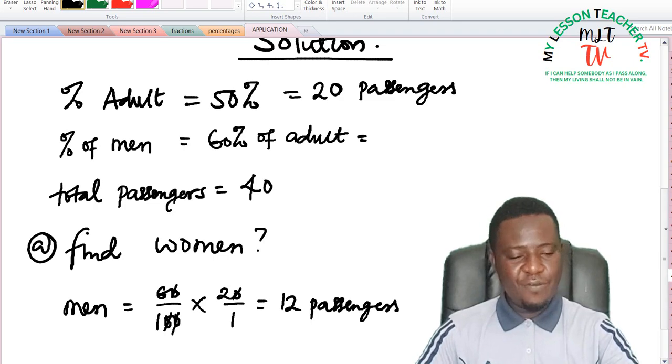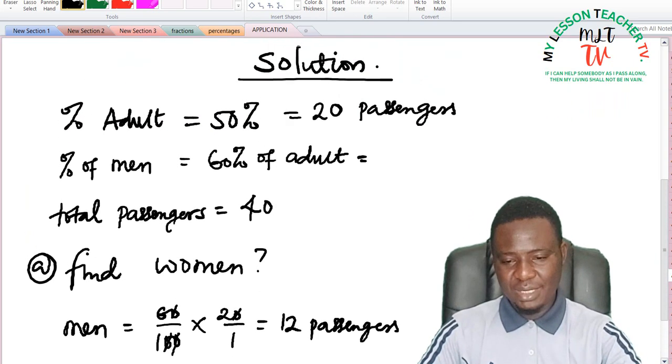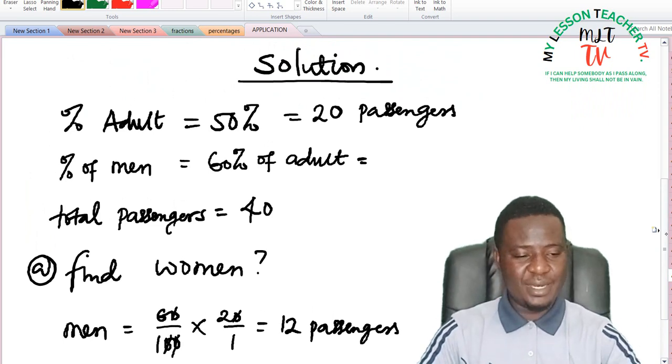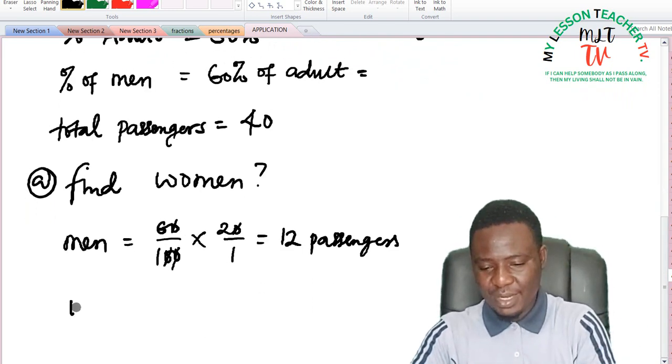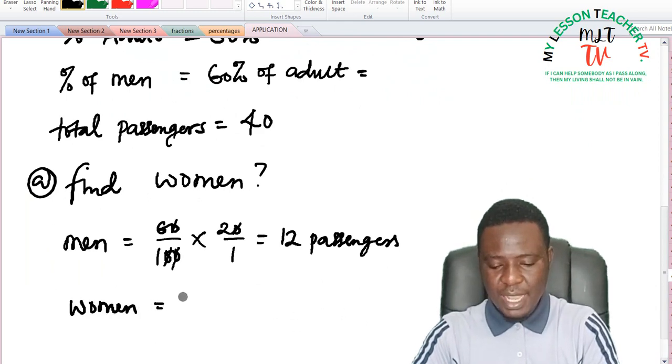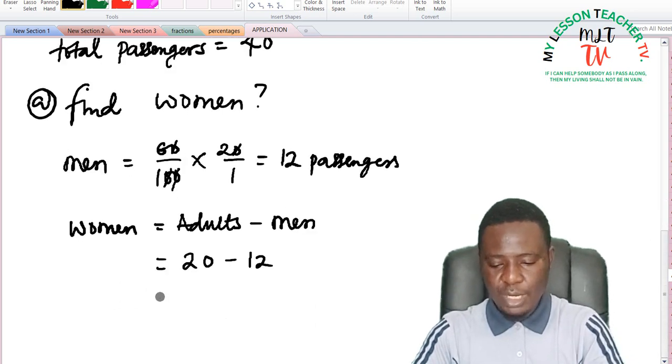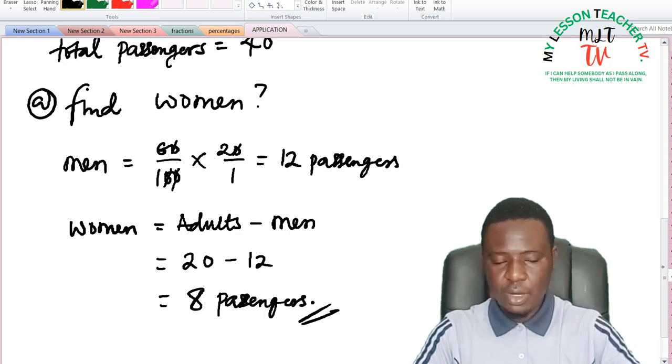Now, if 12 of them are men, 12 out of 20 are men, then how many are women? So the number of women will be equal to adults minus men. And we have the adults to be 20 and the men to be 12. So therefore, the number of women is 8 passengers. So 8 of the passengers are women.